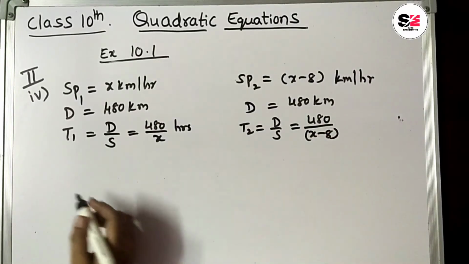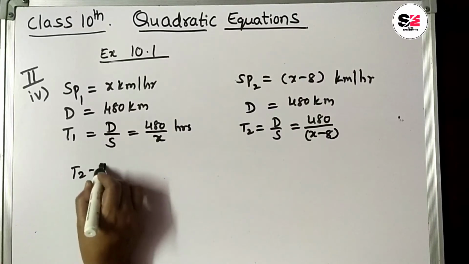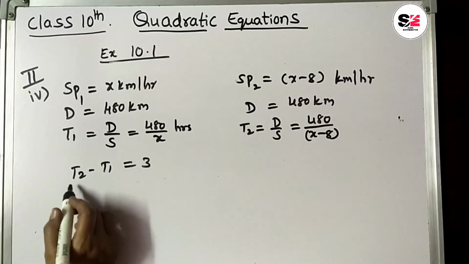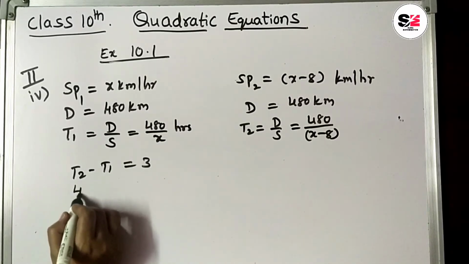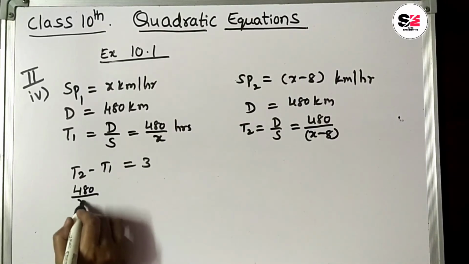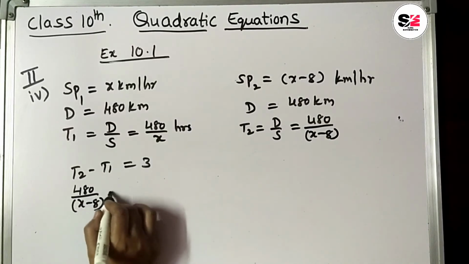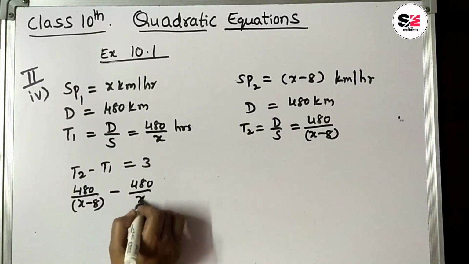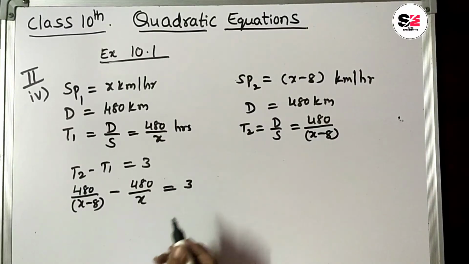The difference of the two times, t2 minus t1, is 3. t2 is 480 by x minus 8, minus t1, which is 480 by x, is equal to 3.